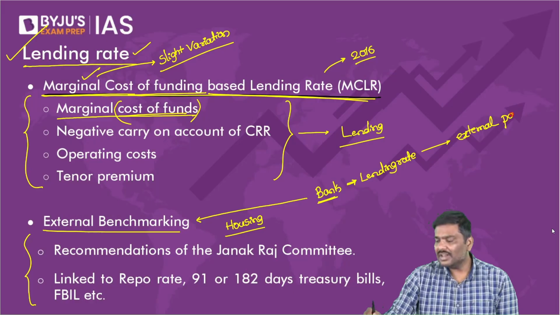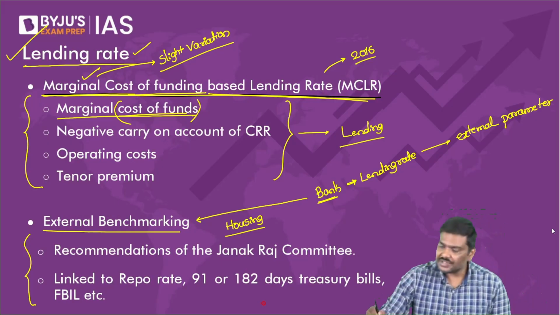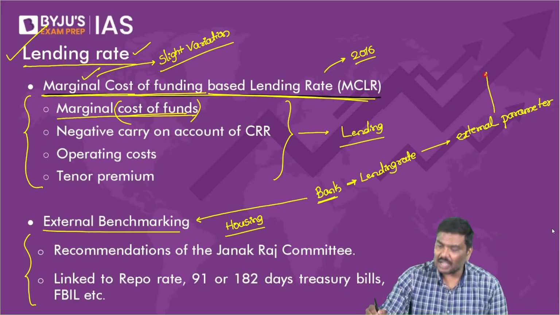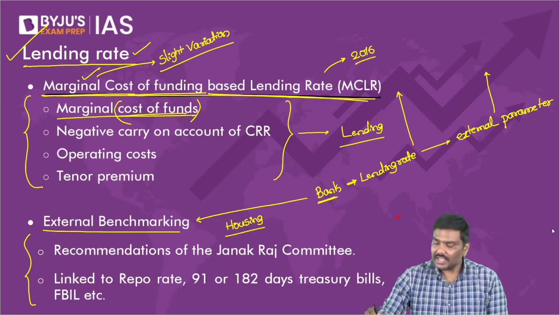And if the external parameter starts moving upwards, the lending rate will go up. If the external parameter falls, the lending rate will also fall.